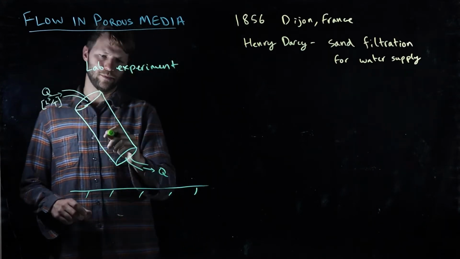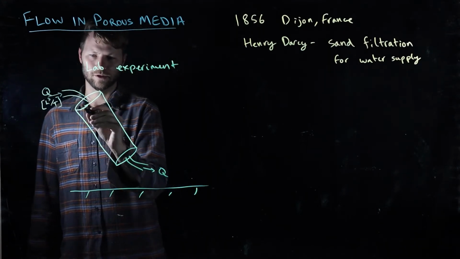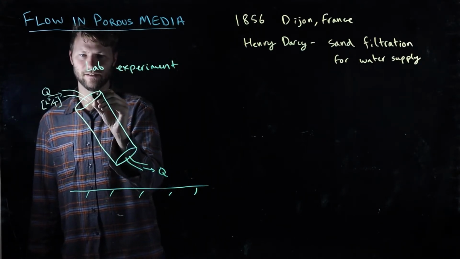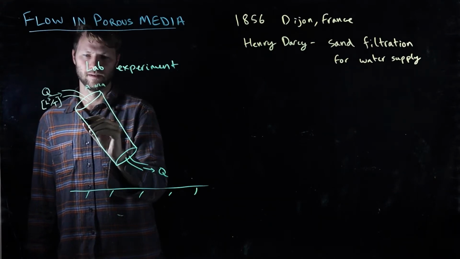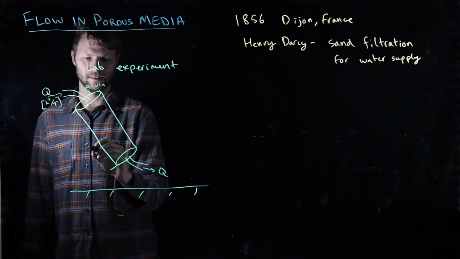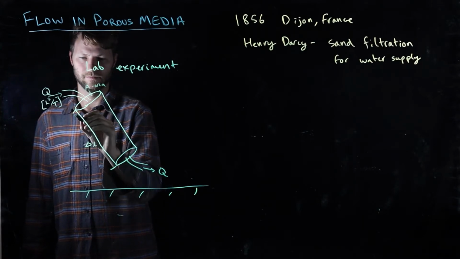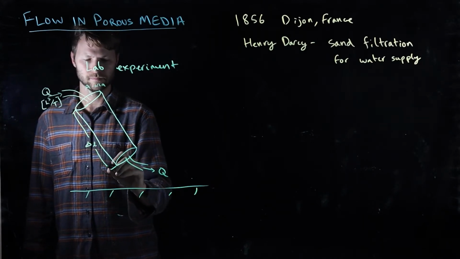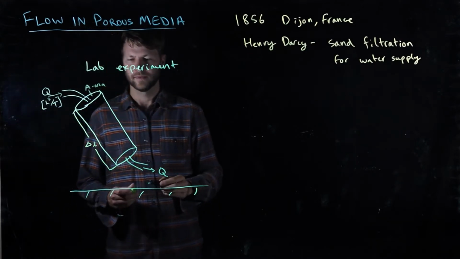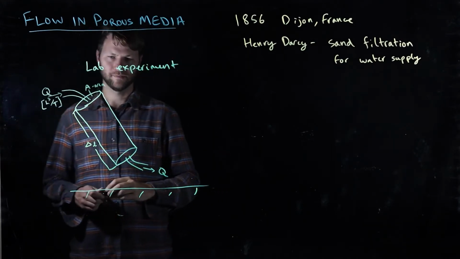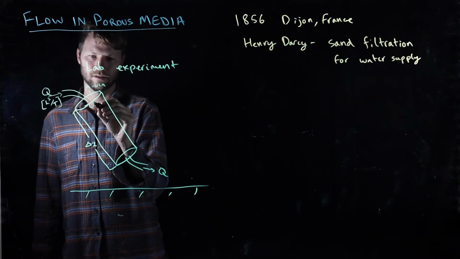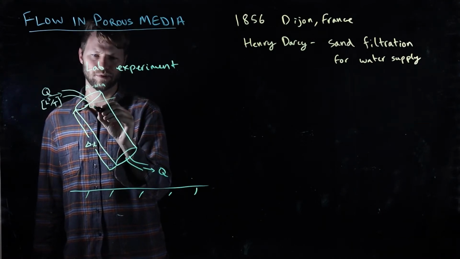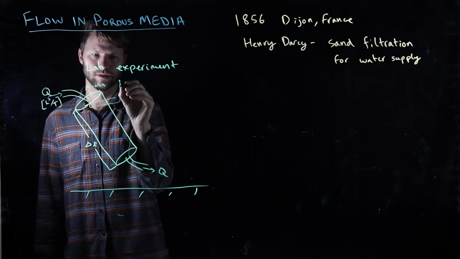There's some other things that we can describe about this particular tube. It had some cross-sectional area A. It had some length, delta L. And there was another feature that was pretty neat, and that was that there were these little smaller tubes that were kind of plugged into the side of the big tube.